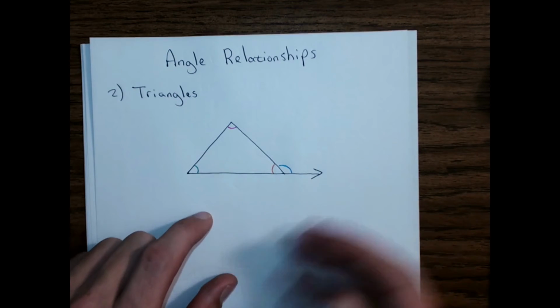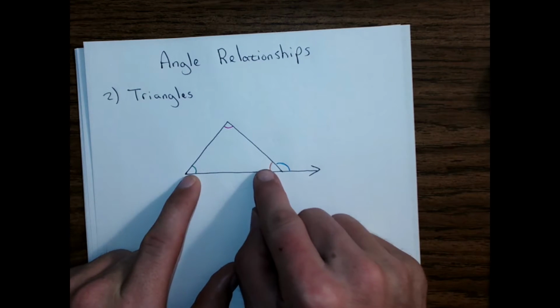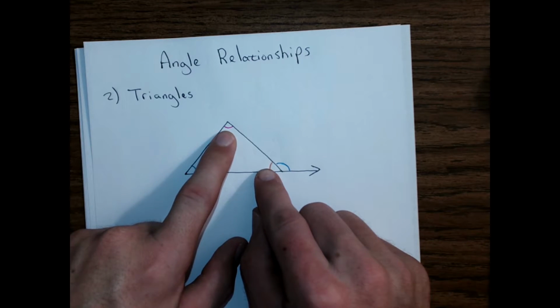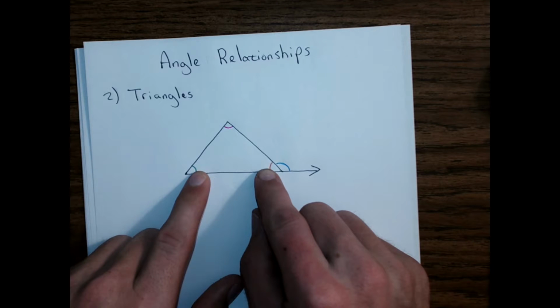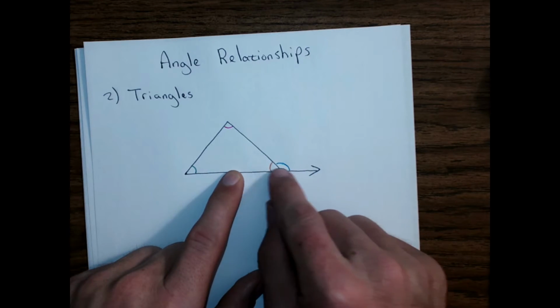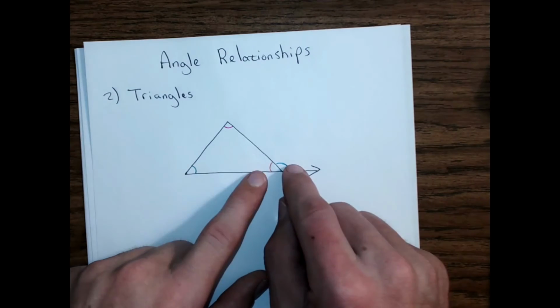Now, we should know from previous experience that the three angles inside of a triangle will always add up to 180 degrees. And also that any two angles on a straight line will add up to 180 degrees.